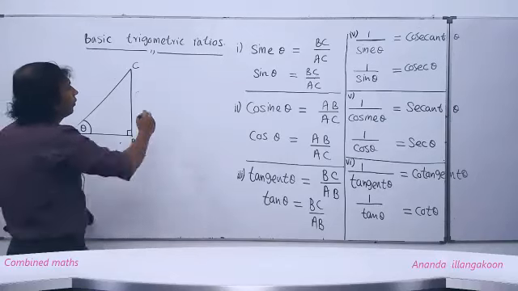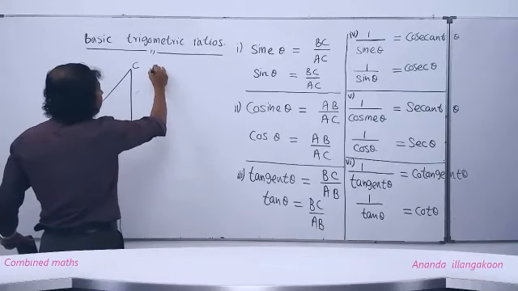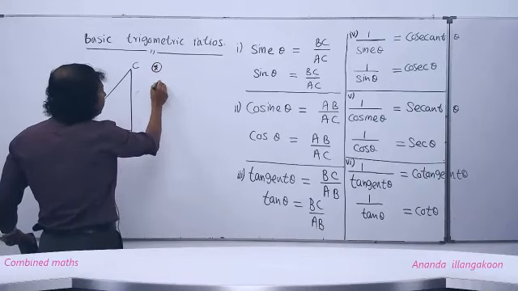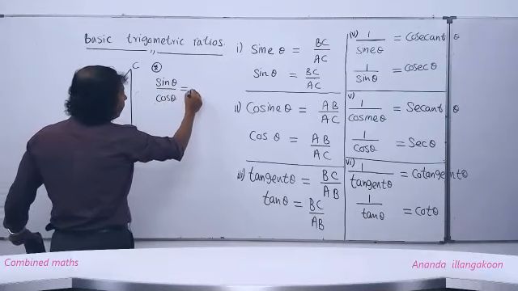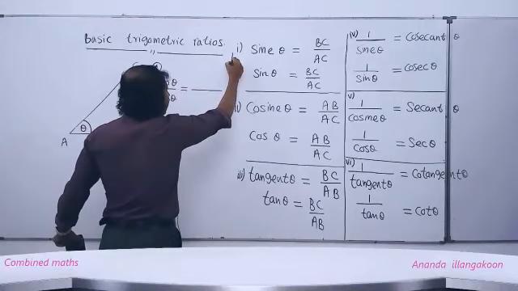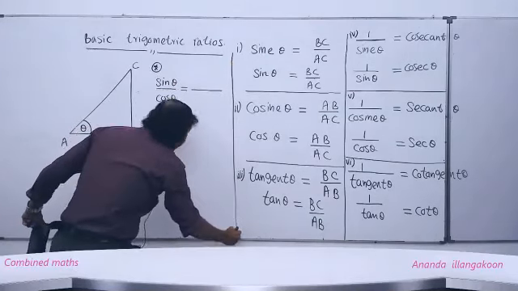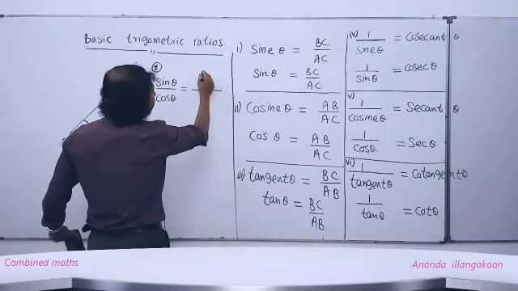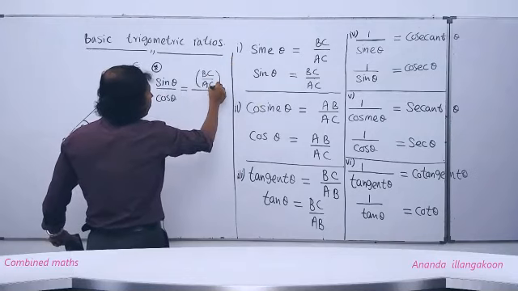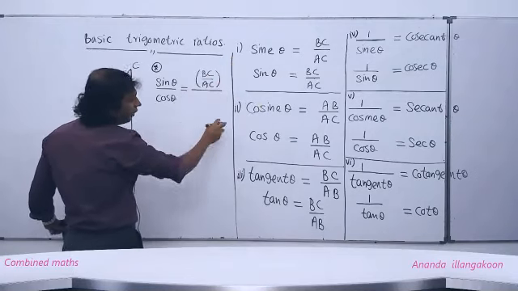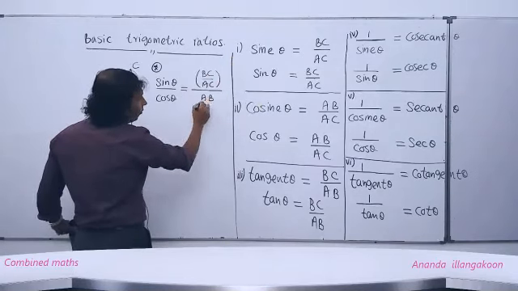Sine theta is BC upon AC, and cos theta is AB upon AC.